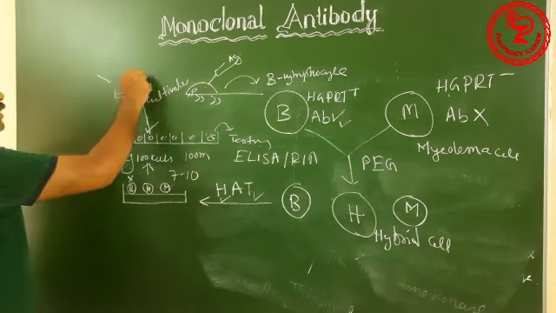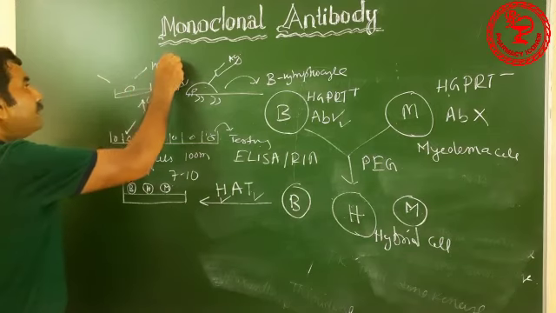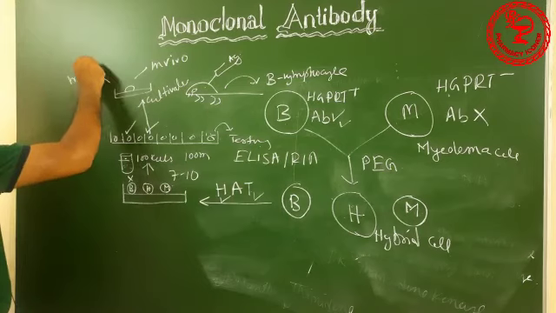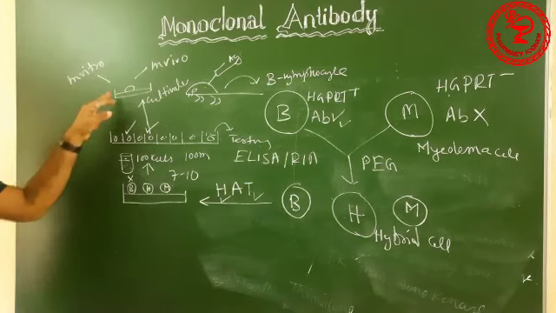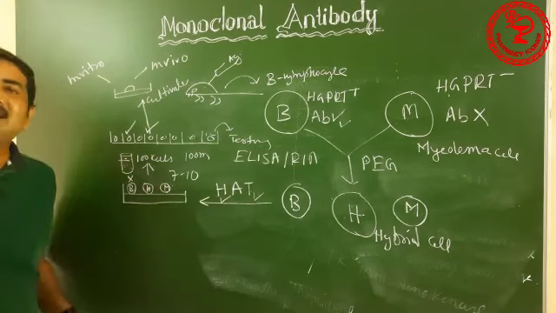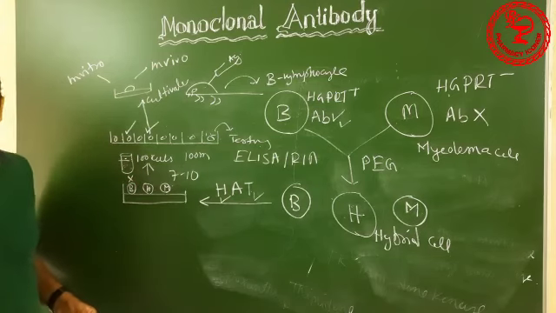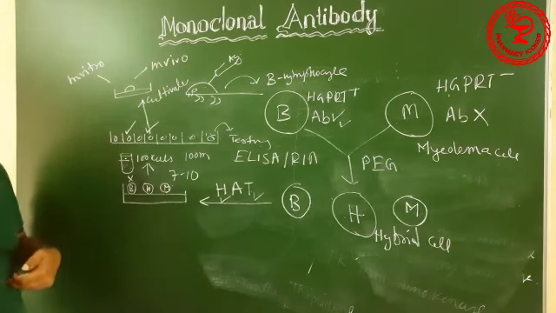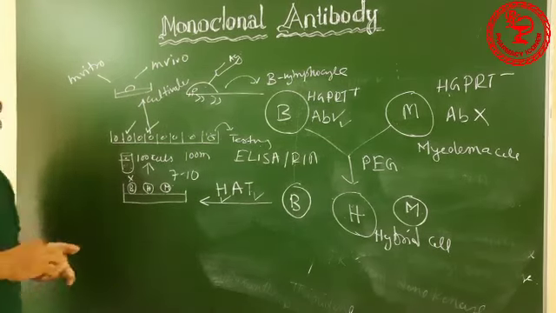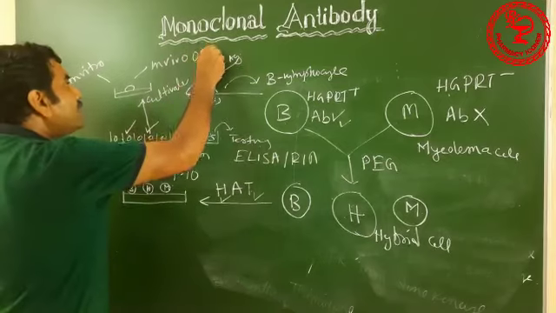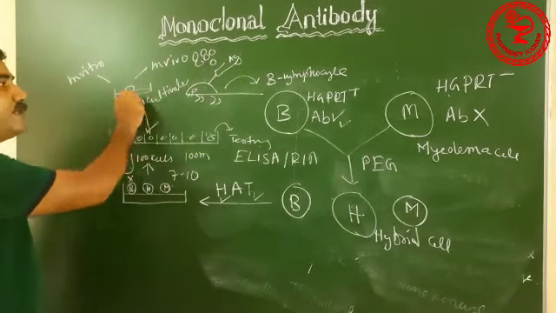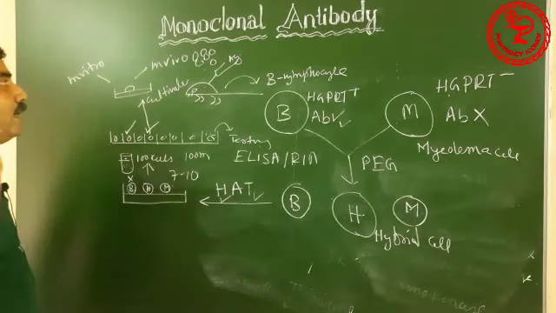Both in vivo and in vitro. The cell suspension is taken and administered into the peritoneum of the transgenic animal. There these cells will proliferate and produce numerous cells of this specific B lymphocyte, which is capable of producing a particular antibody.